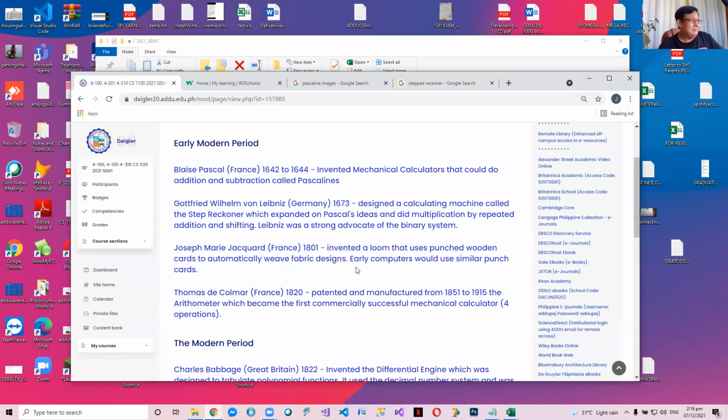1801. Pagkatapos nung ma-invento yung ano, so meron na silang calculator that can now do multiplication. Wala pang division. Joseph Marie Jacquard, France, 1801, invented punched wooden cards. This is a recording system. Do you follow?